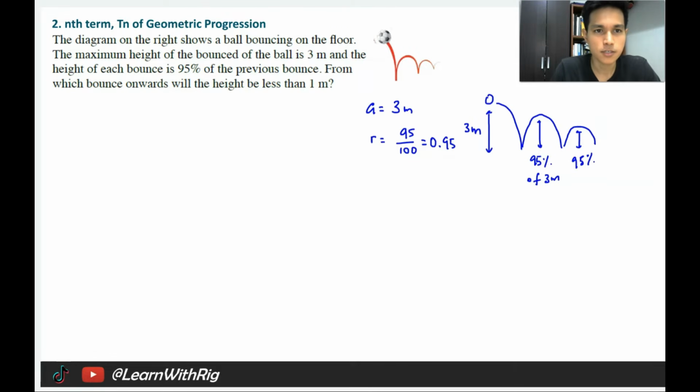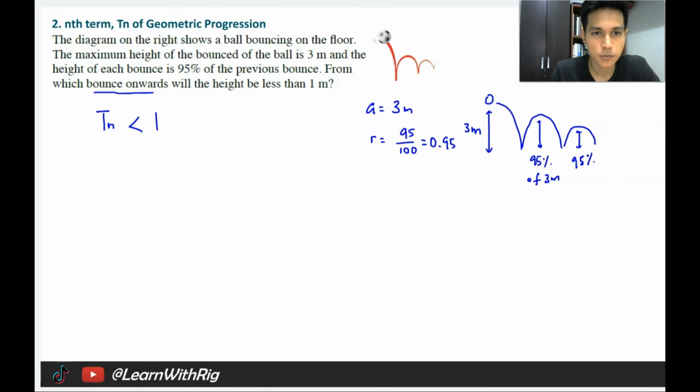So now the question is asking you, from which bounce onwards will the height be less than 1 meter? In other words, for Tn, they want to know at which term the value is less than 1 meter. So we are going to use the Tn formula.